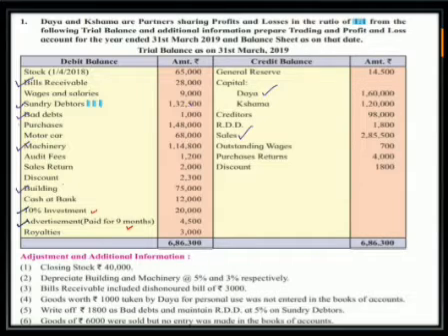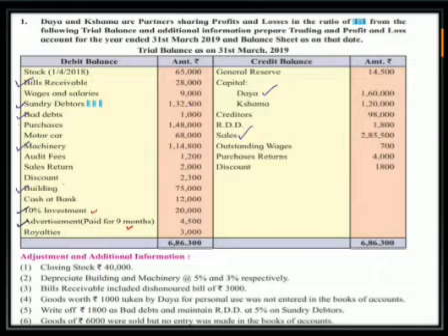Motor car, balance sheet asset side. Machinery, balance sheet asset side. Audit fees, profit and loss account debit side. Sales return, deduct from the sales. Discount, profit and loss account debit side.